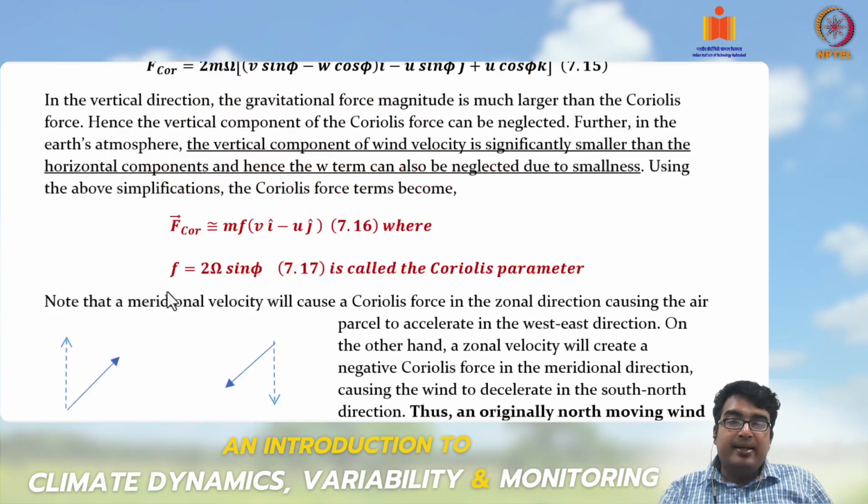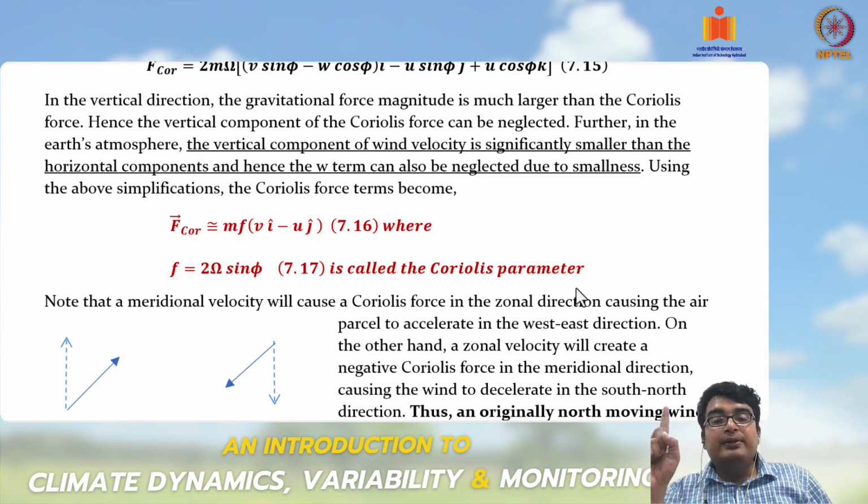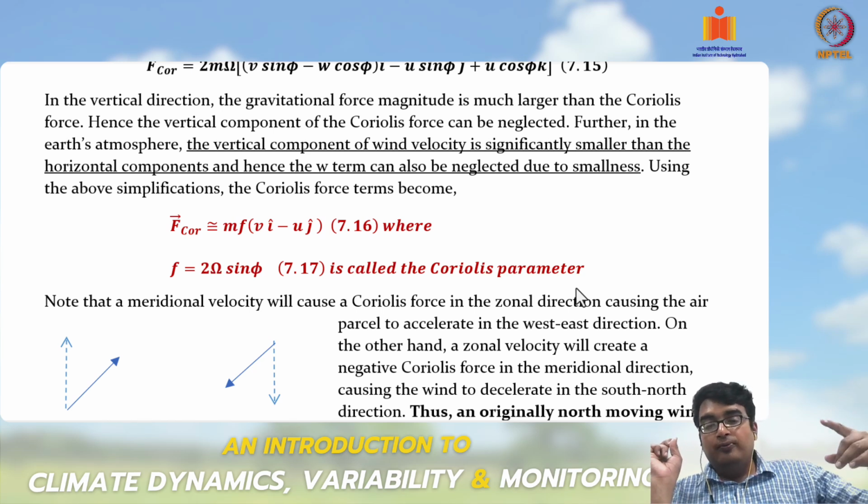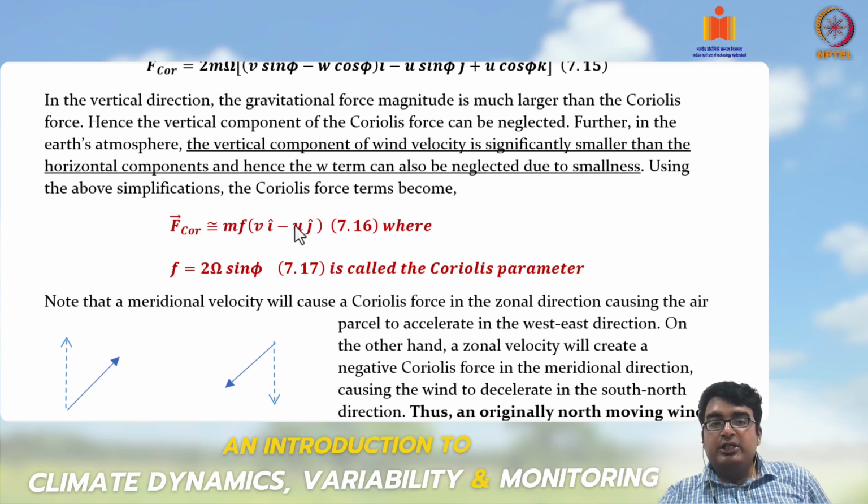Note that a meridional velocity will cause the Coriolis force in the zonal direction, causing the air parcel to accelerate in the west-east direction. On the other hand, a zonal velocity will create a negative Coriolis force in the meridional direction, causing the wind to decelerate in the south-north direction. So, suppose you have a positive u.